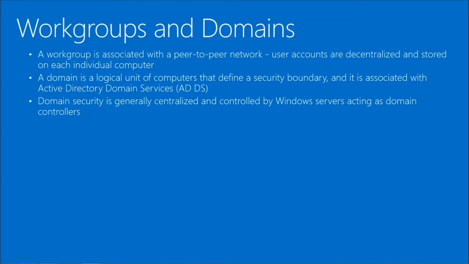So in a peer-to-peer network or a work group, every machine that a user is going to work on, they need a user account on that machine. So if you have 5 machines, you need 5 accounts on 5 different machines. And then you will need permissions on each of those machines. And that's really what we're referring to when we talk about distributed management. So you have to manage each one of those individually.